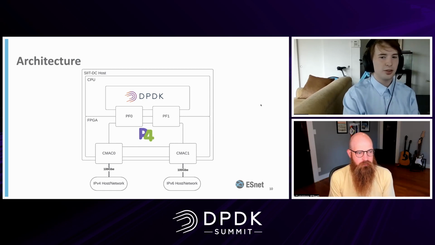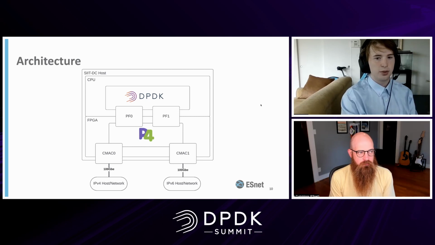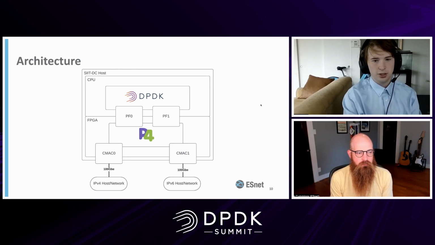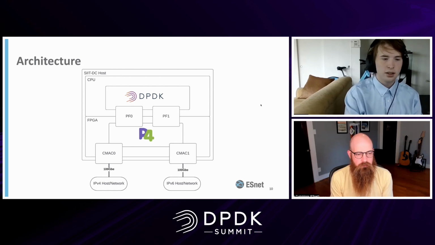So if it goes in CMAC 0, it's just going to go out CMAC 1 if it's processed normally. But for some edge cases, like for more complex packets, we're actually punting them to DPDK. That occurs via sending them on PF0, which is not a physical port. This goes to the host via PCIe.